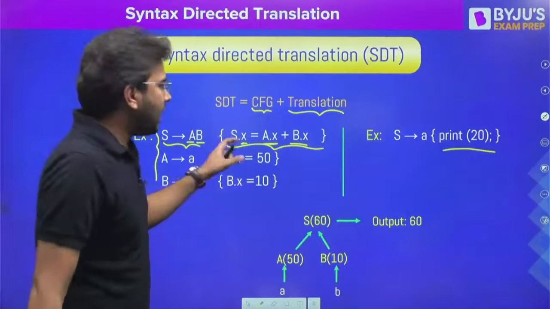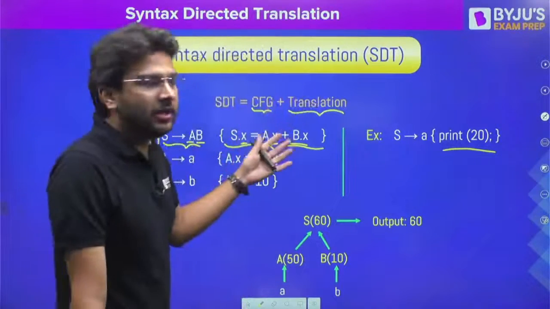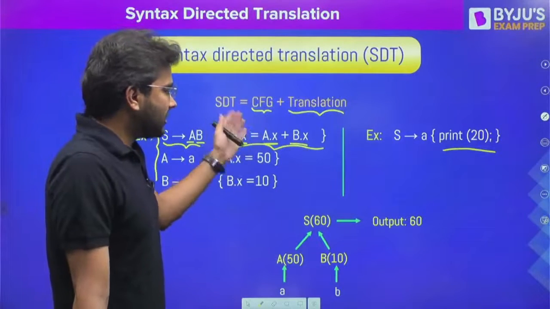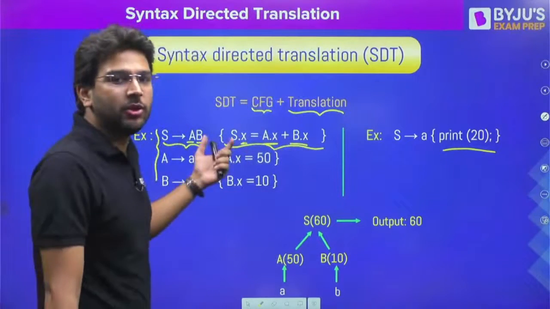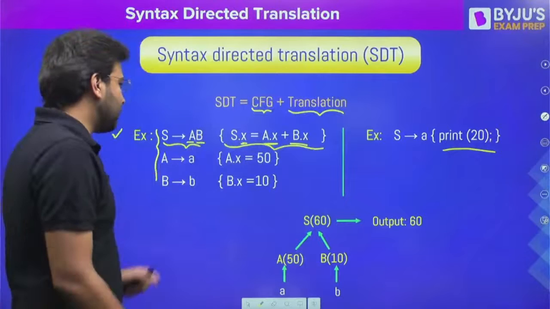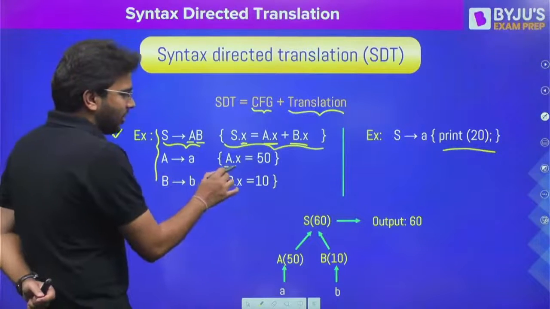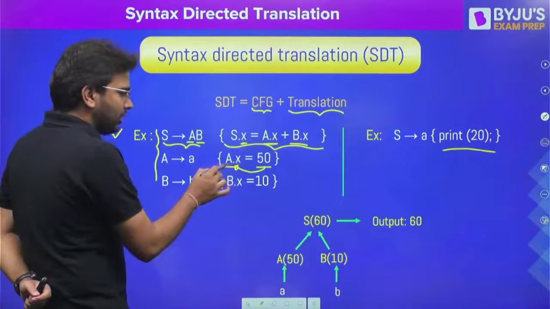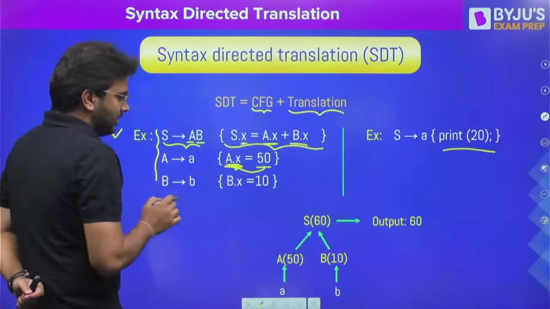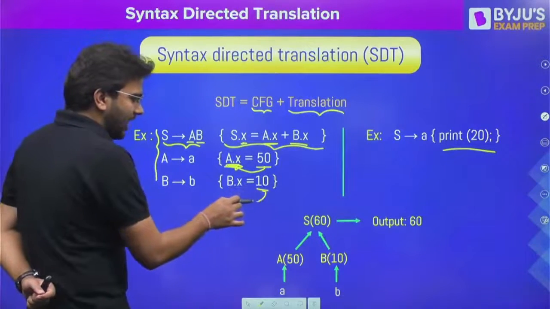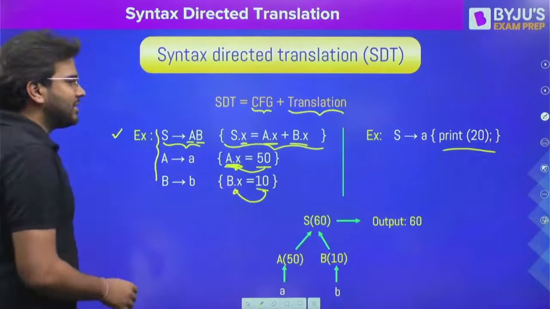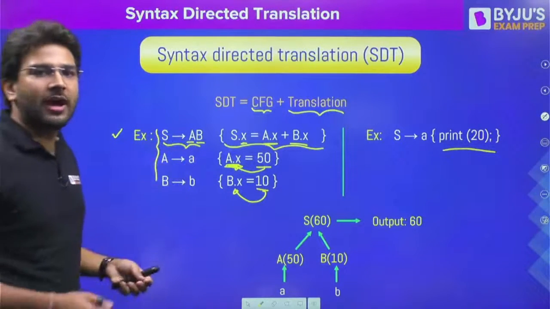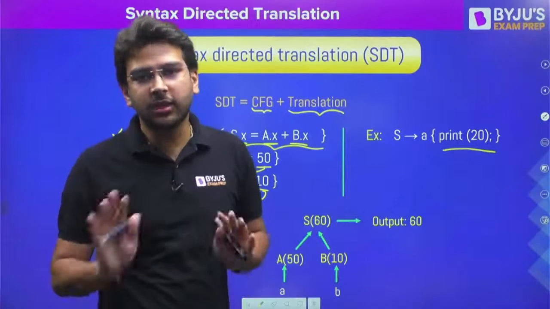Clear? And this translation can be anything. It can be the semantics, it can be the actions, it can be the rule, or way more than that. Now here A derives a, and A.x is equal to 50. That means we are just assigning the value 50 to the attribute of A. Similarly here we are assigning 10 to the attribute of B. So this is the example of SDT where we have the context-free grammar plus the translations.